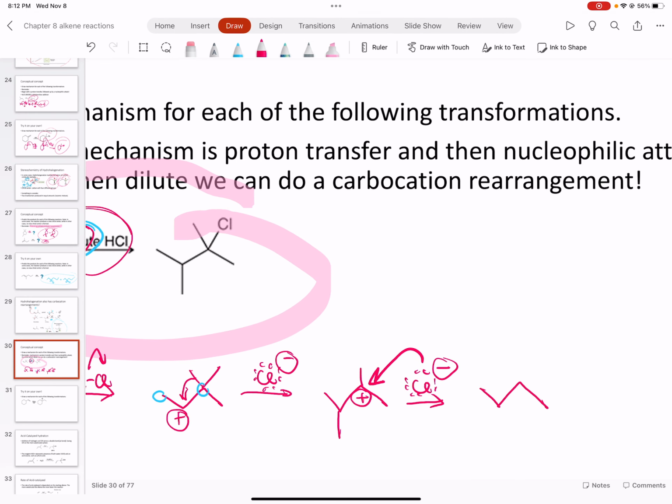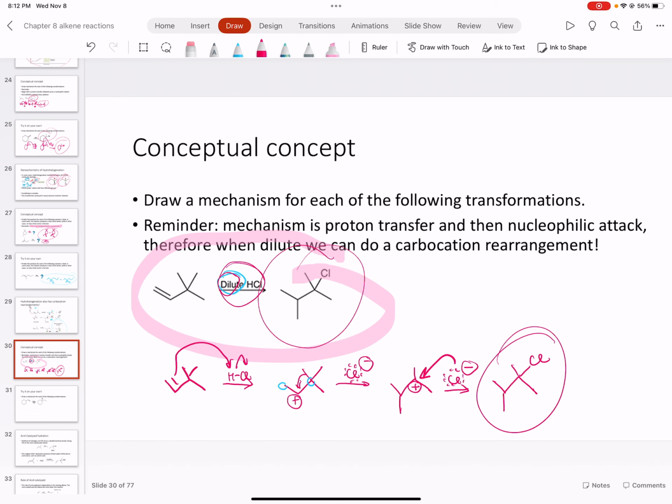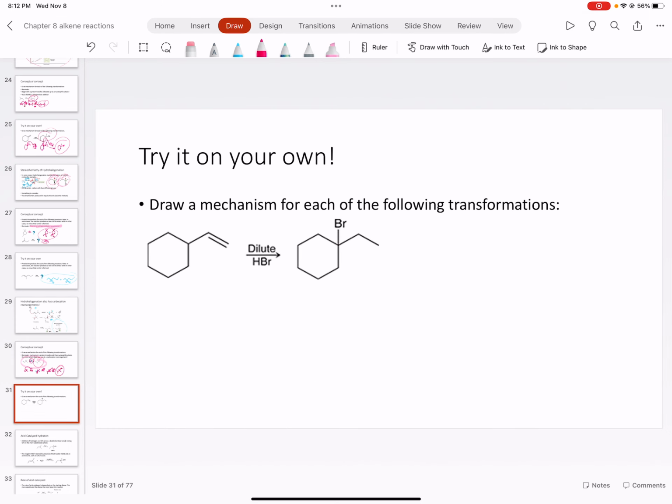So now we get this. And it seems like we got our product, right? So you can draw it on your own, you can draw the mechanism. Remember, when it's dilute, we can do carbocation rearrangement if possible, of course.